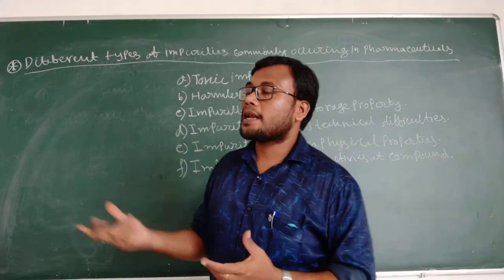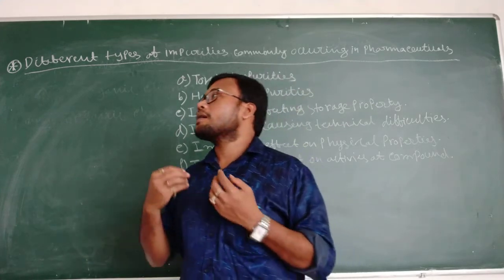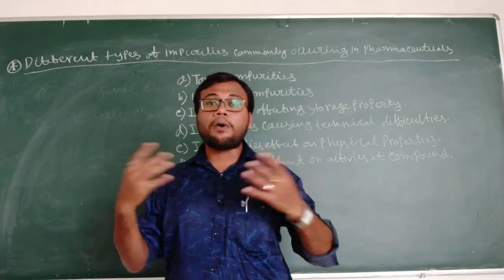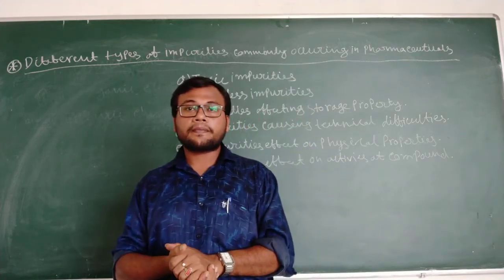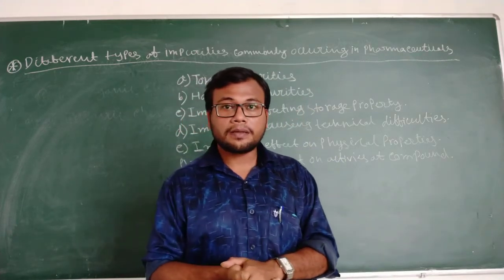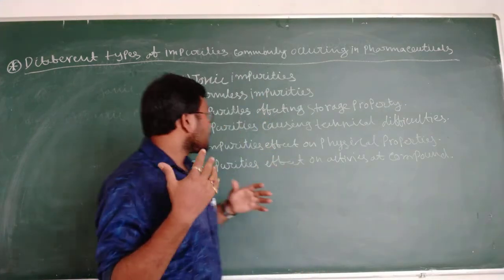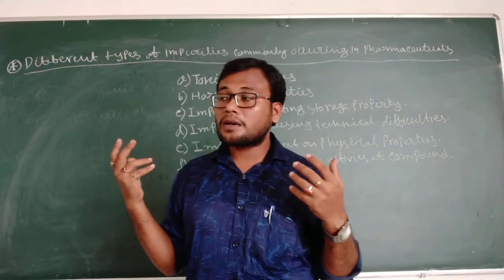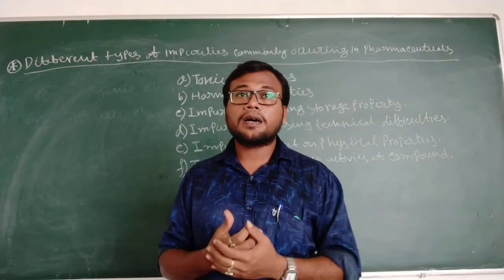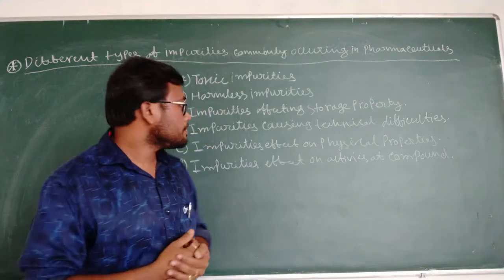It decolorizes the appearance of tablets. It creates a black spot on the tablet. So this is the effect of impurities, due to technical difficulties or under the storage condition. Okay.